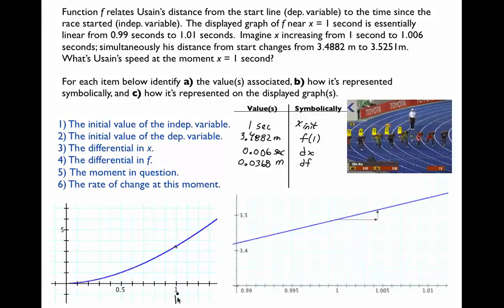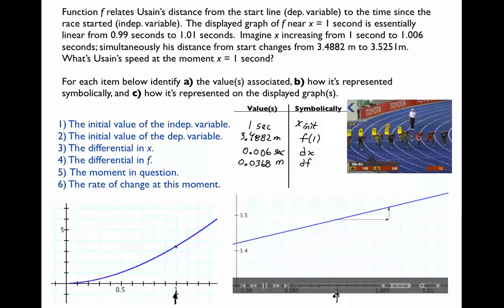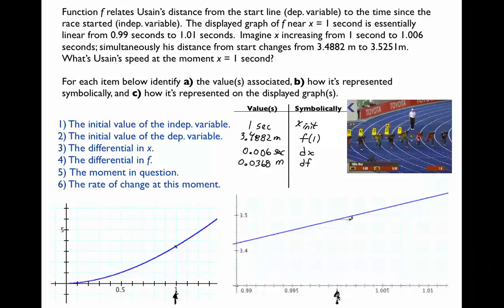The x-axis. So when we're talking about how x equals 1 is represented, it's represented right here, and this is the same graph on both sides, right? So that's how graphically x equals 1 is represented. It's represented by a spot on the x-axis.